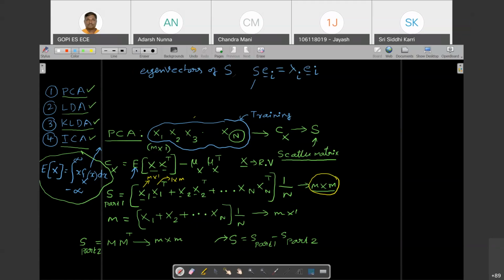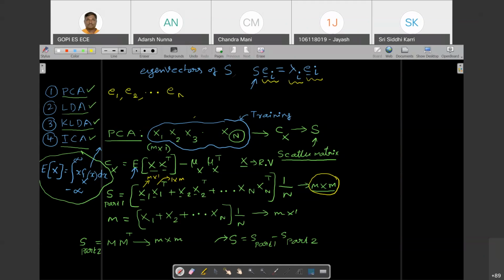You see that S is the matrix and ei is the eigenvector. The vector that satisfies this expression is what we call the eigenvector. So we compute these eigenvectors and collect them: e1, e2, and so on.